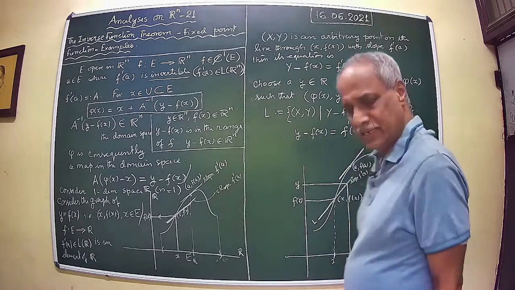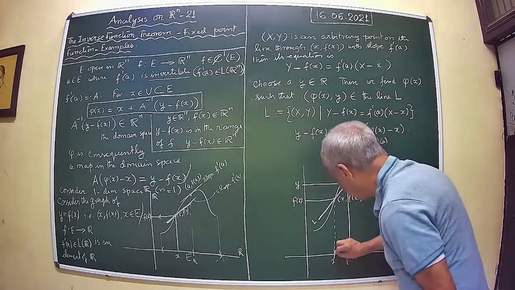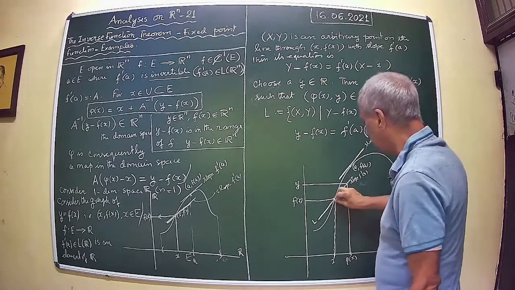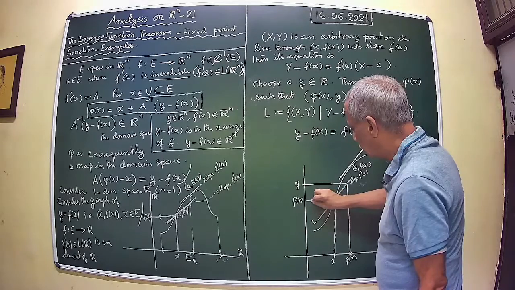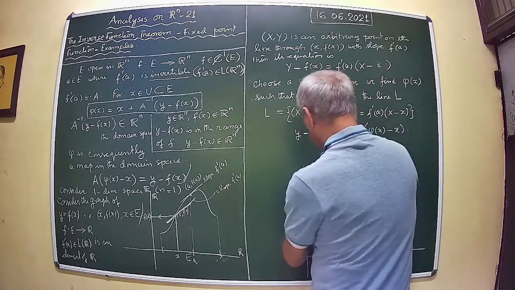So essentially the process is start from x, go to x, f x, then go to the range space.